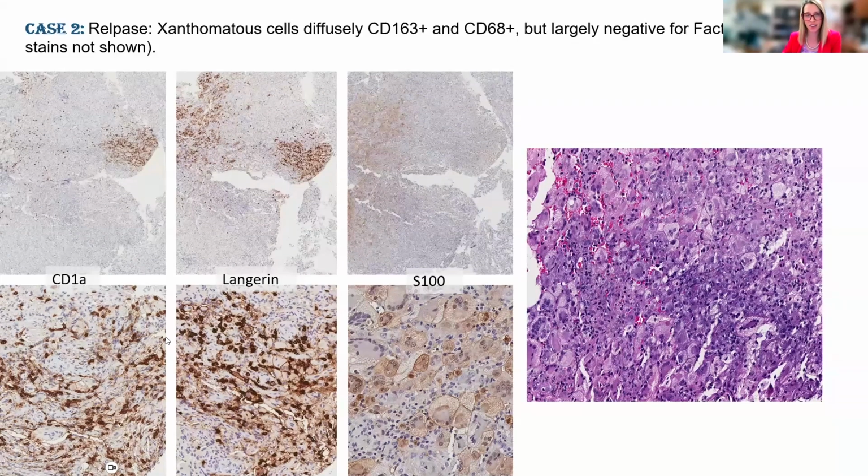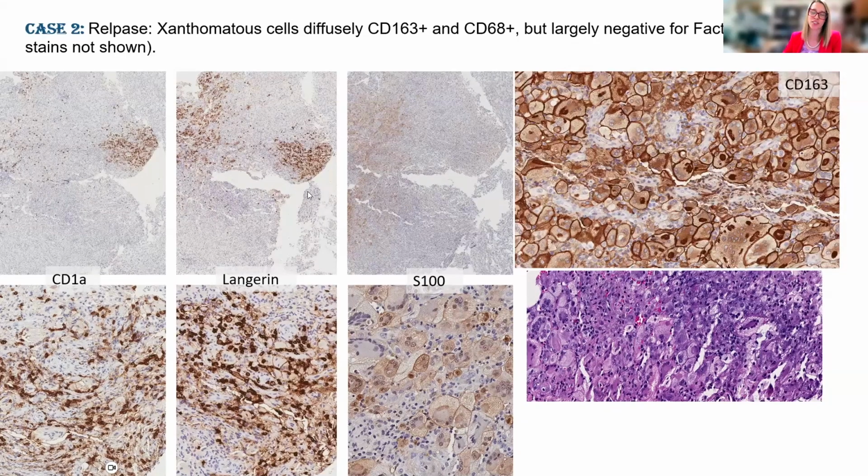There were small cells staining with CD1A and langerin, but even some of the larger xanthomatous cells had this accentuation of langerin. The foamy cells had a variable light S100 staining.